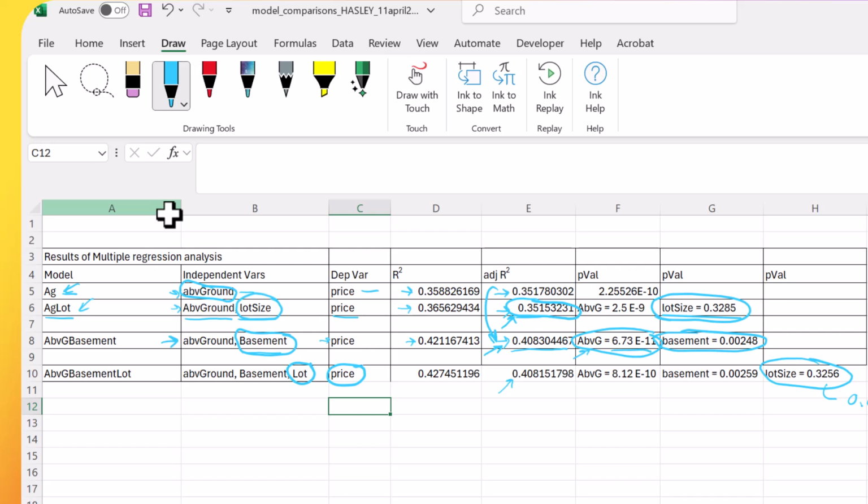That's very counterintuitive. You would think that the bigger the lot, the more value the home. But in fact, what's affecting the value of the home is the above ground square footage and the basement square footage. Once we account for those, the lot size, according to our numbers, doesn't tell us very much. And that's counterintuitive, but the numbers here are telling us loud and clear lot size is not influencing the price of the home.